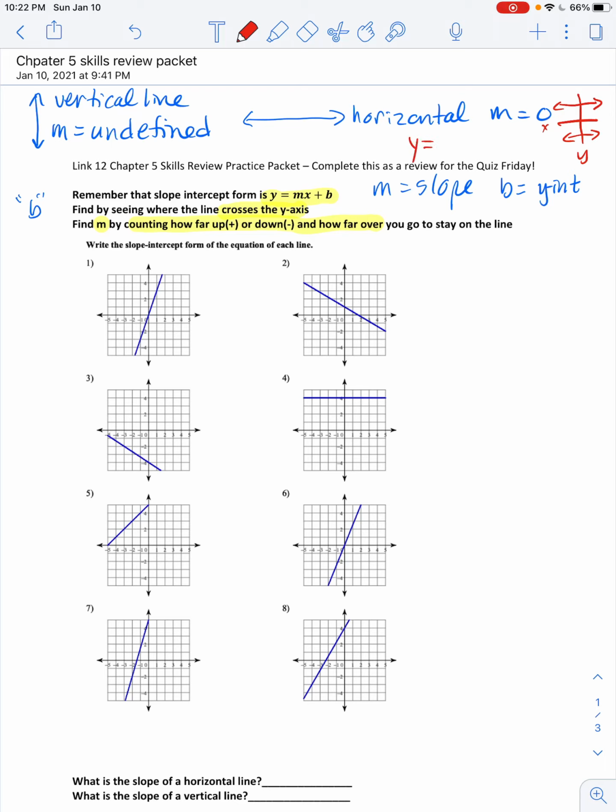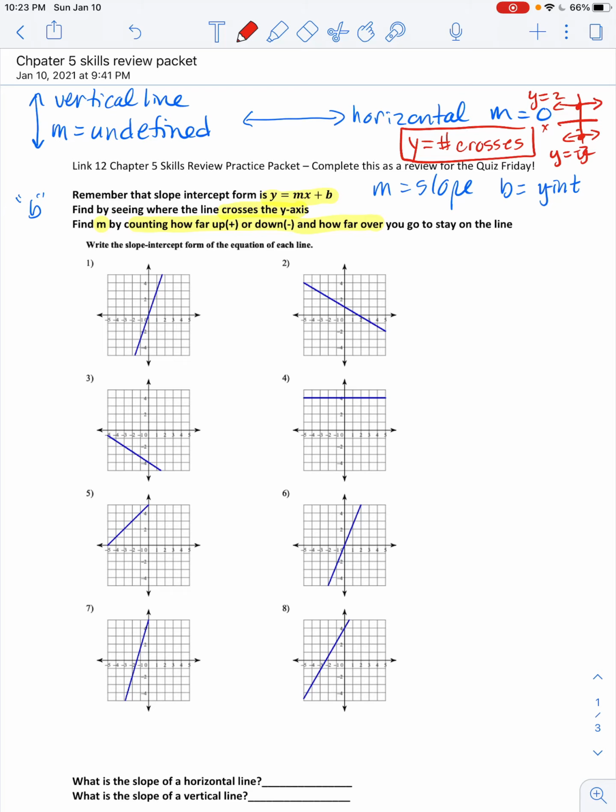You just write y equals whatever number it crosses the y-axis at. For example, if it was crossing at 2, the equation would be y equals 2. If it was crossing at negative 2, that would be y equals negative 2. These are the exceptions that will not have the mx plus b format.